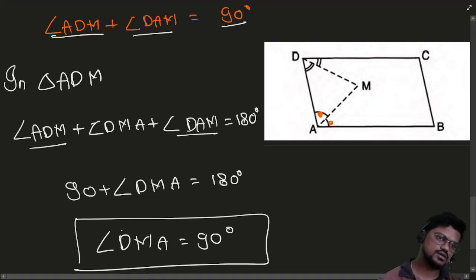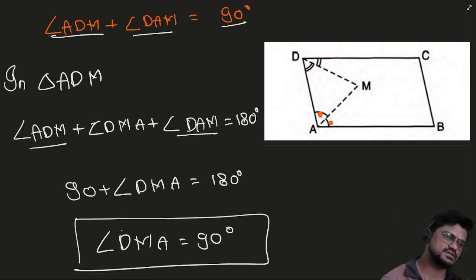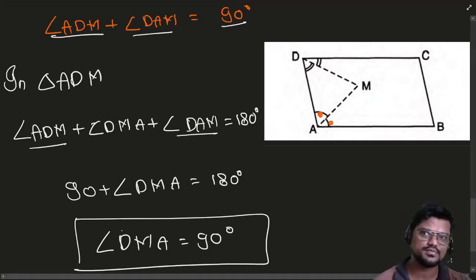Sir, can you explain from the third last step again? See, I'll do it directly on the diagram. It will be more easy for you to understand, because writing the proof, you get confused in that part. See, this angle and this angle are equal. This angle and this angle is also equal.